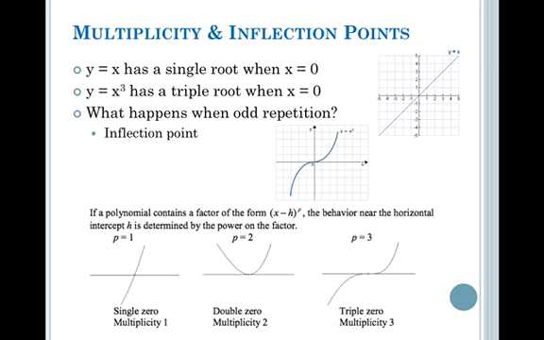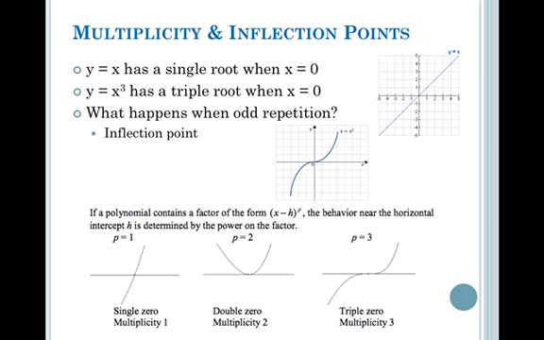So let's summarize what just happened with multiplicity. If you look at the far left at the bottom, if you have a single 0 or single root, in other words, it has a multiplicity of 1, your polynomial will just cross right through at that 0.